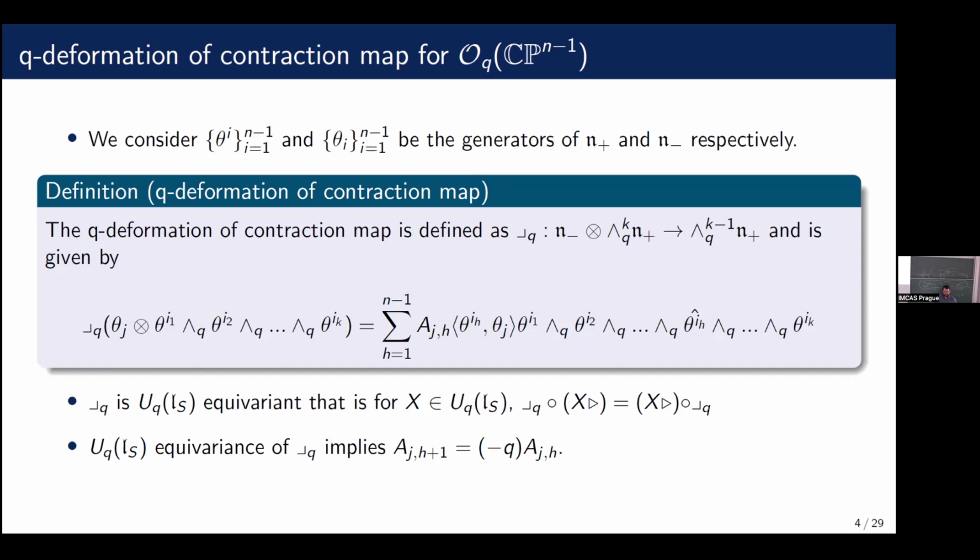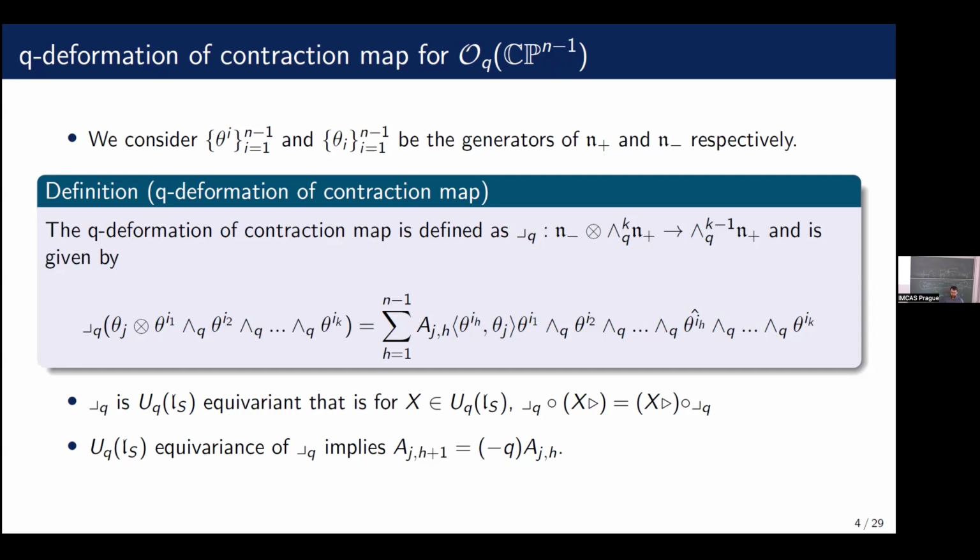Yeah, so here I start with the OQCPN and define the contraction map. So this is a map from... theta upper I, as you already see, are the generators of n plus, and theta lower I is for the generator for n minus. One can define the Q deformation of the contraction map from the kth power of n plus to the k minus 1 power of n plus in this way.